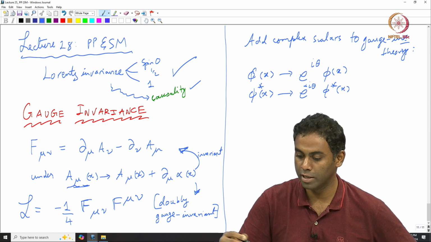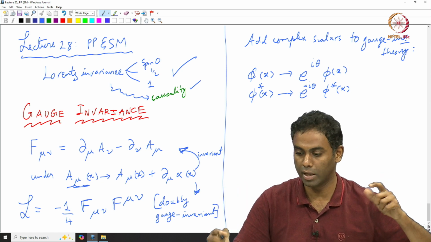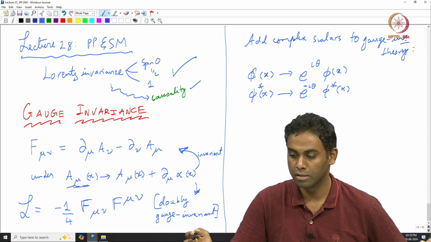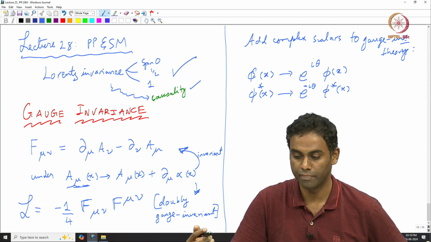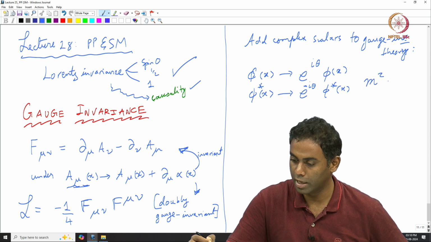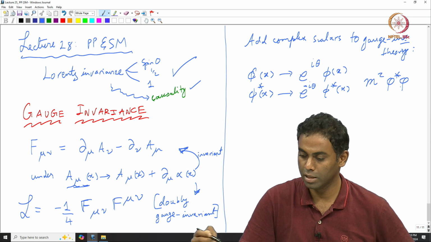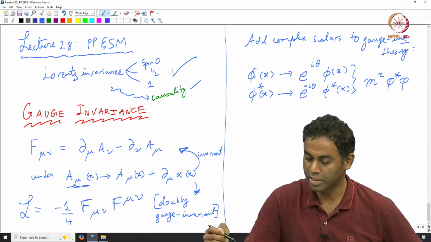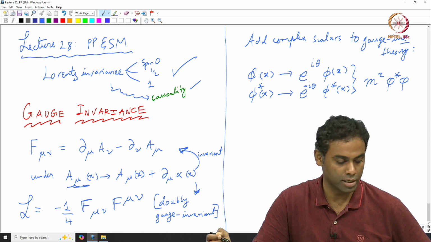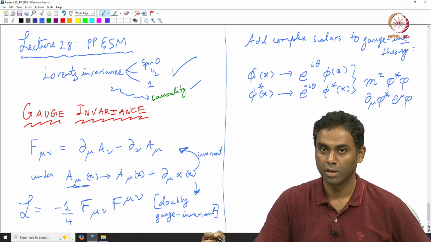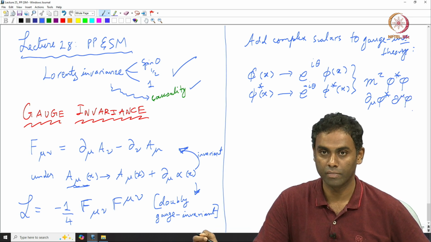The field all over the place gets rephased by a single phase, right. And if a theory is invariant under that, then there is a global symmetry in the theory, correct. And of course, a theory can be invariant under that because we can write the mass term like this, which manifestly respects the symmetry. We can also write down the kinetic term this way, again it manifestly respects the symmetry, right.